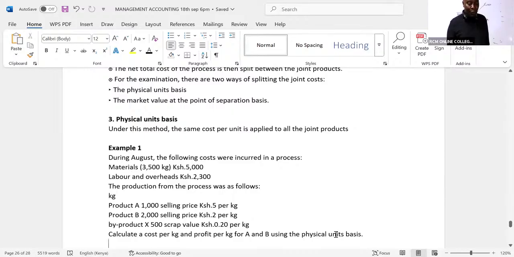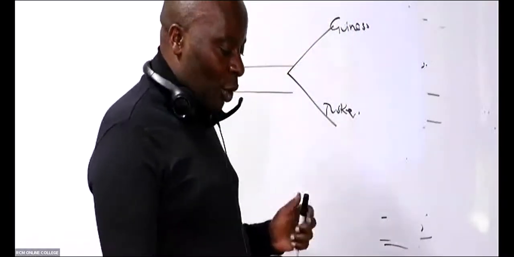So, ladies and gentlemen, the first thing that I will do is to recognize that this is a question of multiple products being produced. And what is the total joint cost? You can see into this process, we've been able to put in materials worth 5,000 and labor worth 2,300. So the first thing you need to do whenever you see multiple products being produced, please go ahead and give us the joint cost.